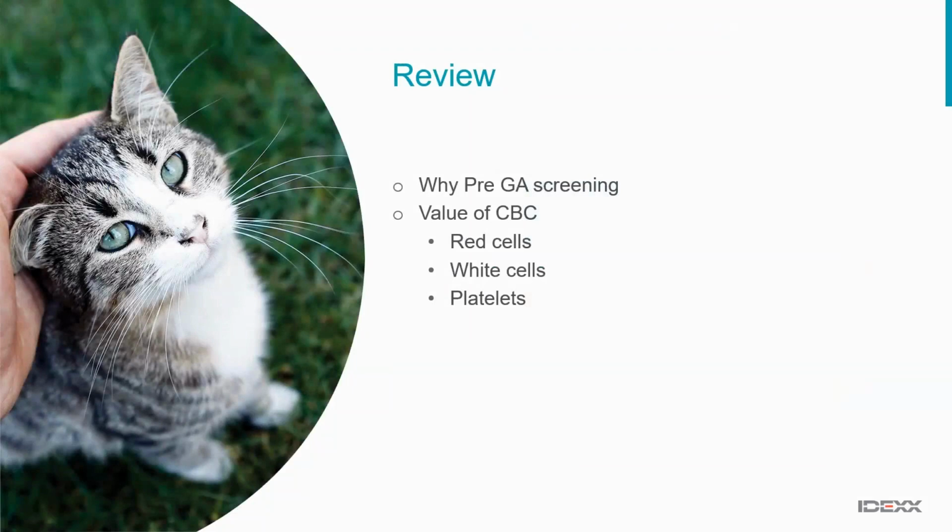So with the red cells, with anemias or reticulocytosis without anemia; for white cells, determining underlying inflammatory disease or stress response, or potentially even occasionally things like a leukemia. And for platelets specifically, we're looking for things like thrombocytopenia, which can have an adverse effect on a surgical procedure.